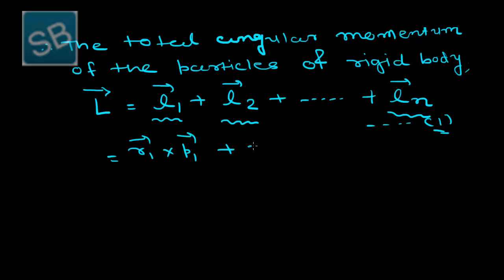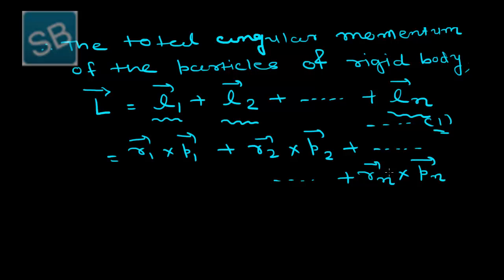Plus the angular momentum of the second particle of the rigid body is R2 cross P2, and so on up to Rn cross Pn, and this is the total angular momentum.